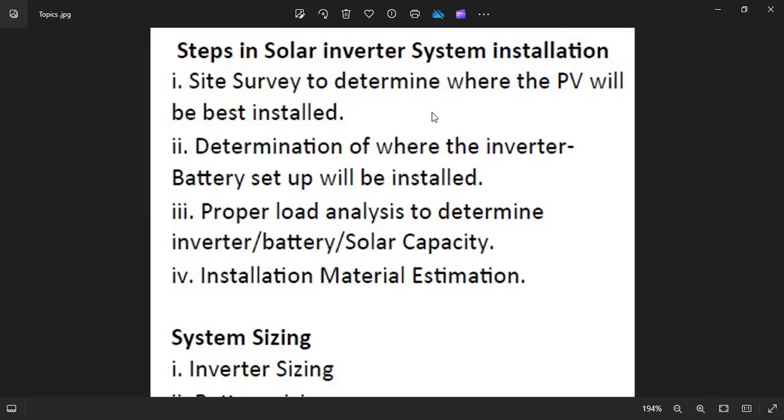Though lithium-ion batteries come with a lot of protection, the two types of battery we discussed hardly come with protection.